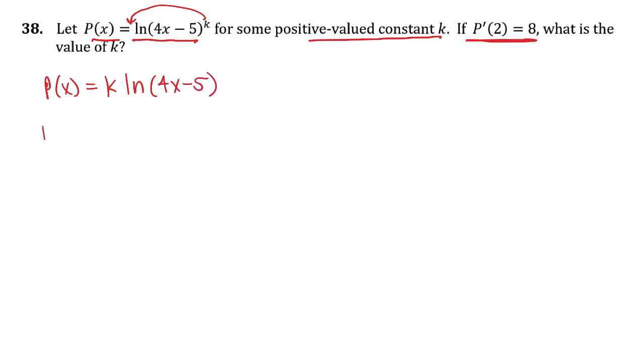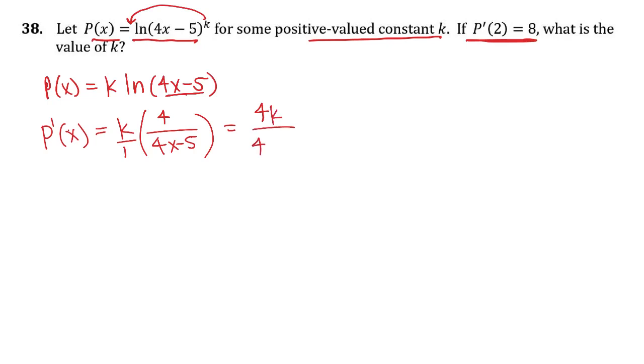And so when we do our p prime at x, that k is just going to sit there. It's some coefficient times, well, we're going to do our stuff prime, so that's going to be 4 all over stuff. Now, if we simplify this up, remember we can put k over 1 and multiply across the top and bottom, so we have 4k over 4x minus 5.